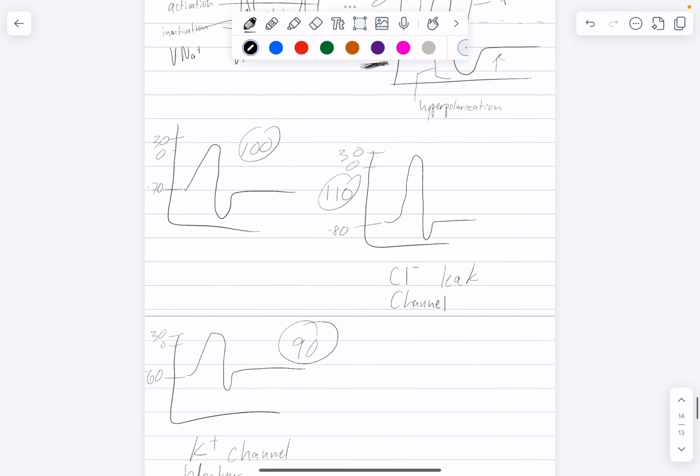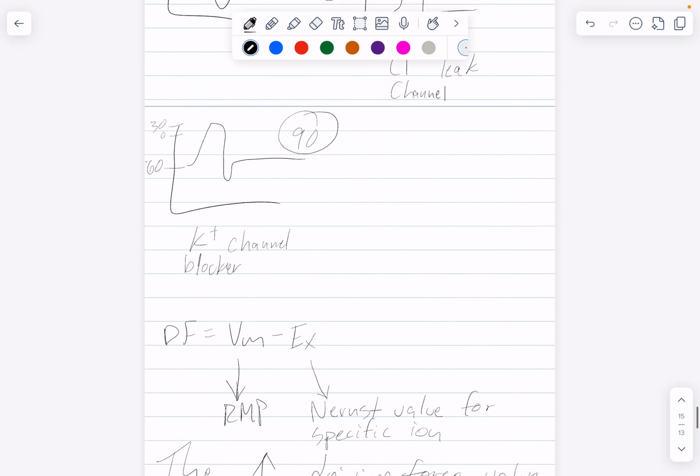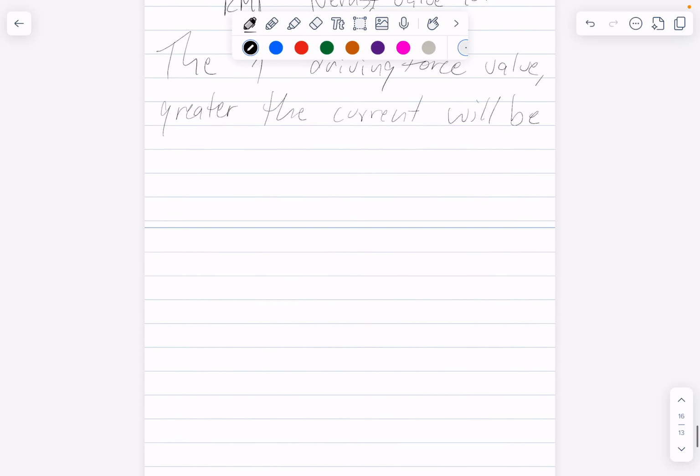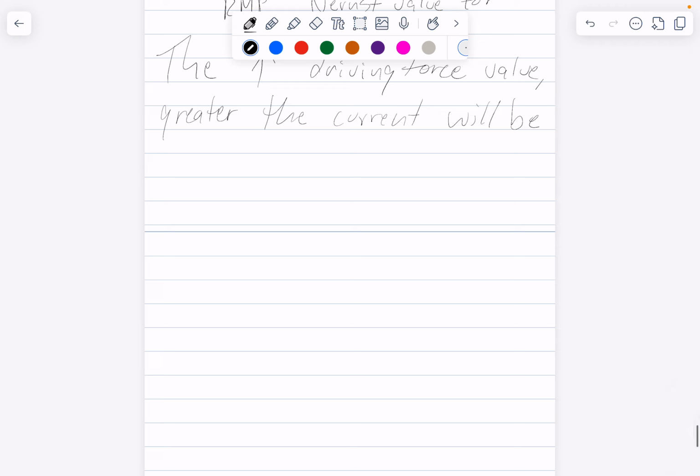So for the Nernst equation, the Nernst equation is this. Let me check my notes real quick, just to make sure. Negative 58.1 millivolts times the log of X out over X in.